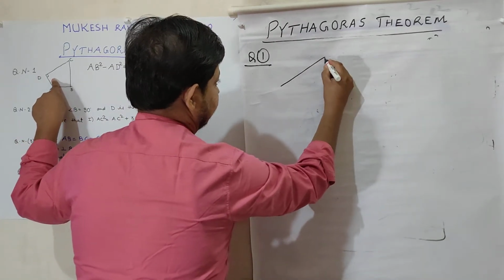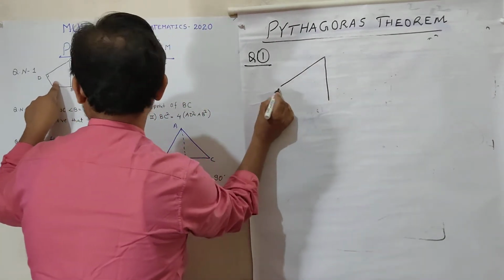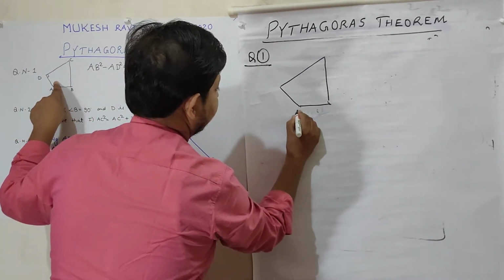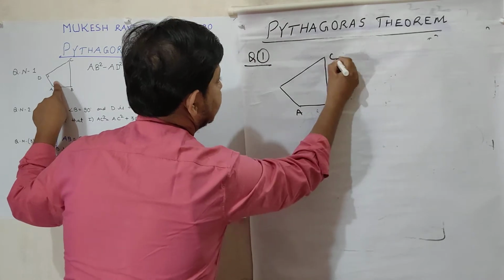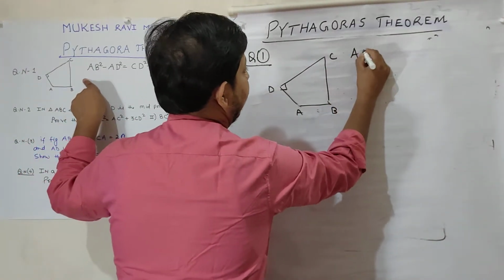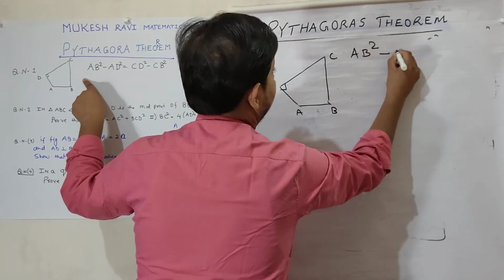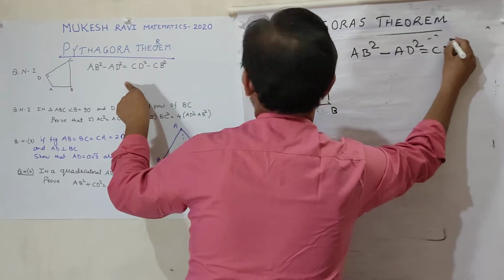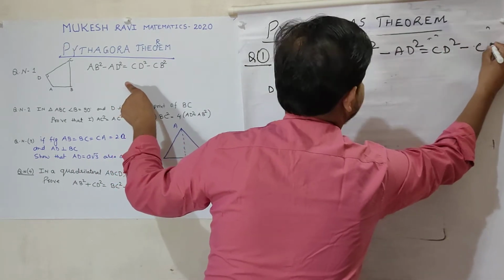I will elaborate this figure. It is like this. This is A, B, C, D. This is 90 degrees. We have to prove AB square minus AD square is equal to CD square minus CB square.